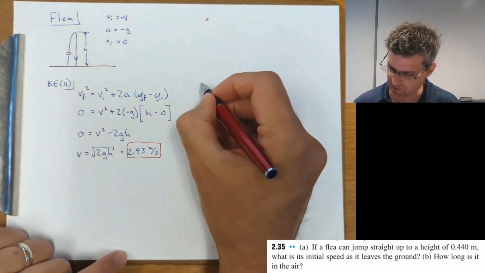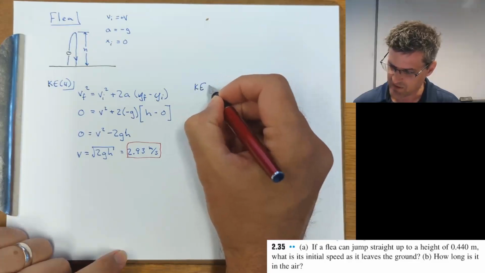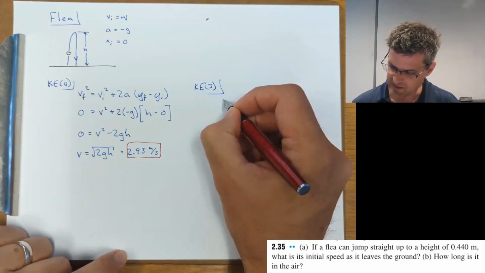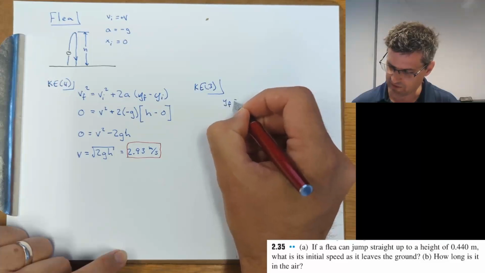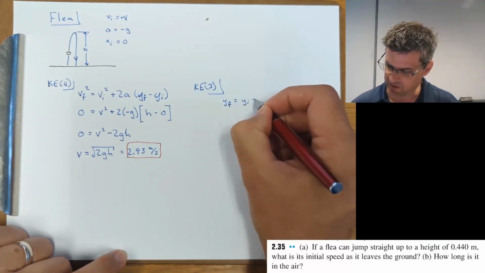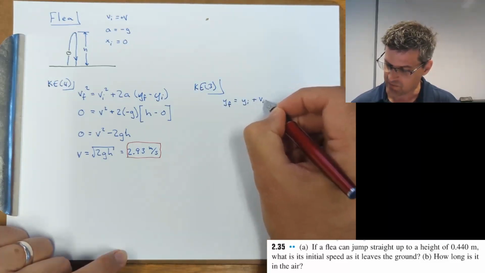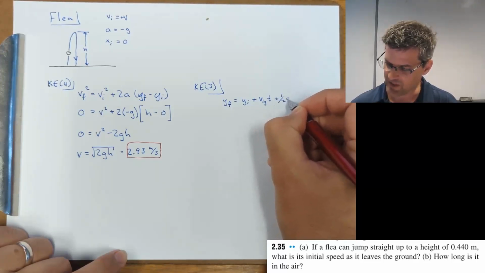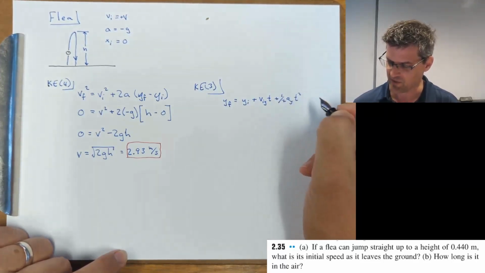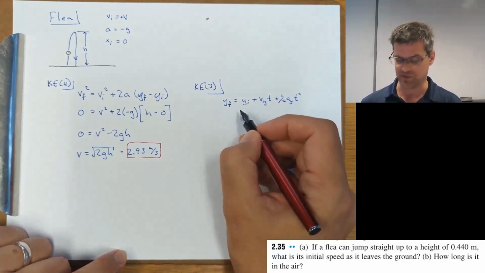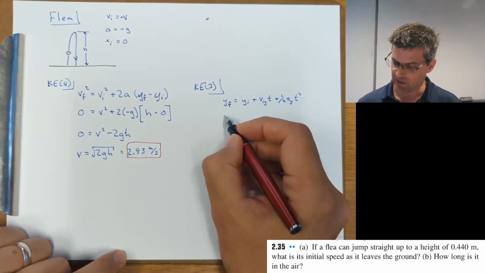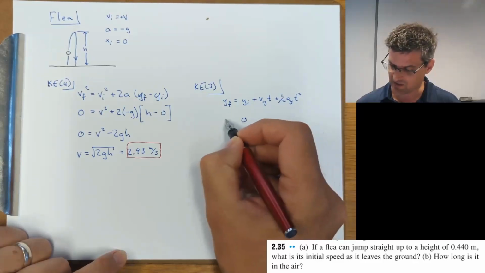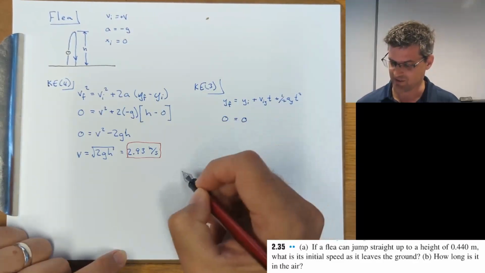And what's kinematic equation number 3 going to tell me? It says that y final is equal to y initial plus v initial in the y direction t plus 1/2 a in the y direction t squared is going to describe this motion. Now, if we're going to find out how long the flea is in the air, it starts on the ground and ends on the ground.